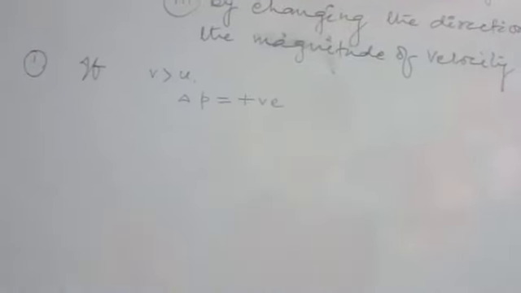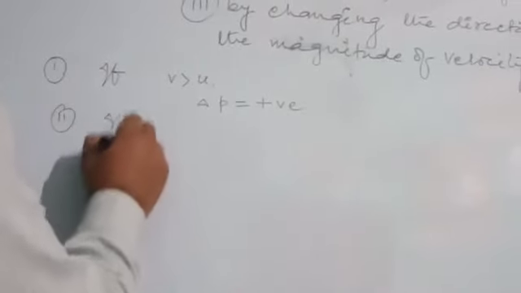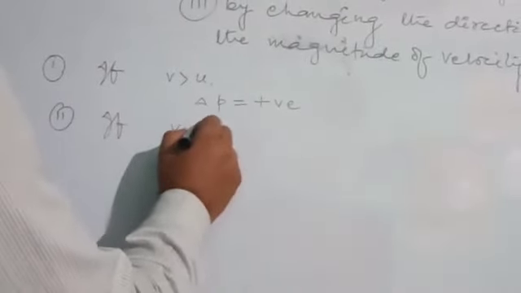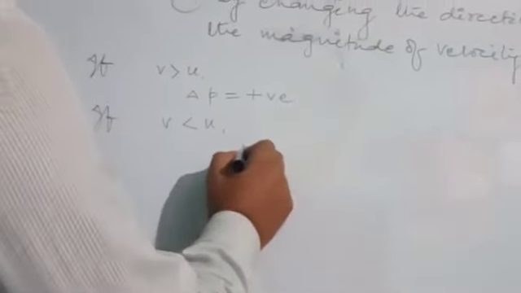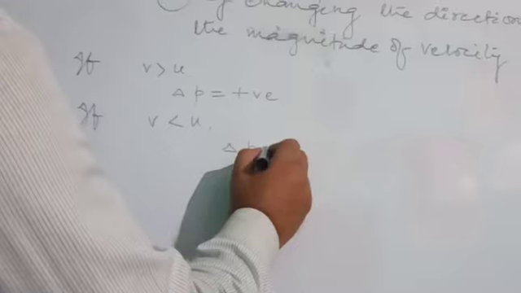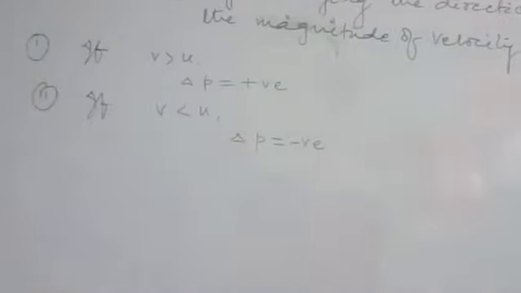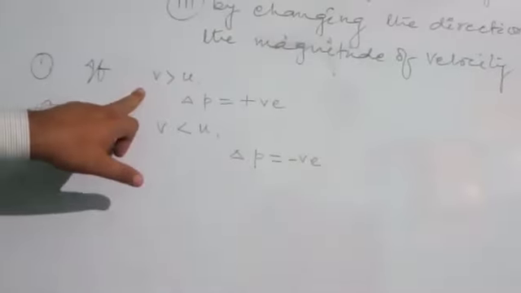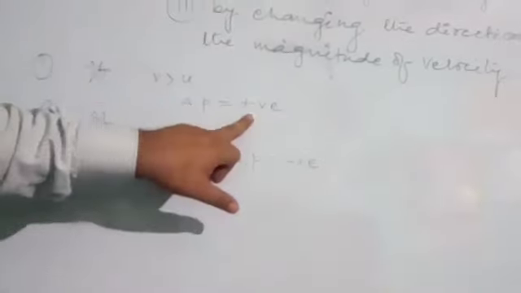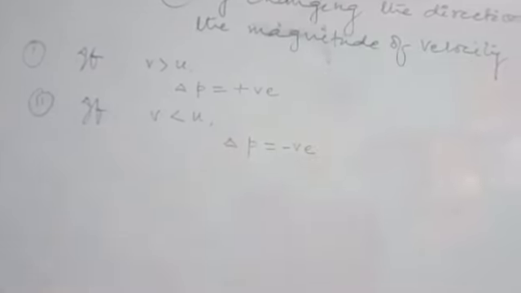If the final velocity is less than the initial velocity, then the change in momentum is negative. In the first case, the body is gaining momentum. In the second case, the body is losing momentum.